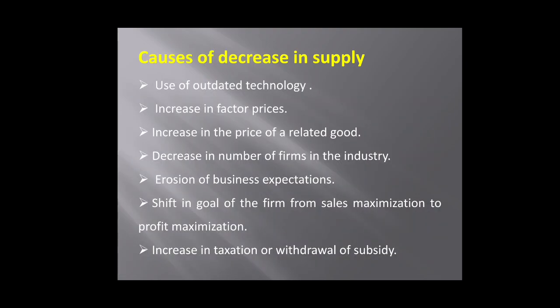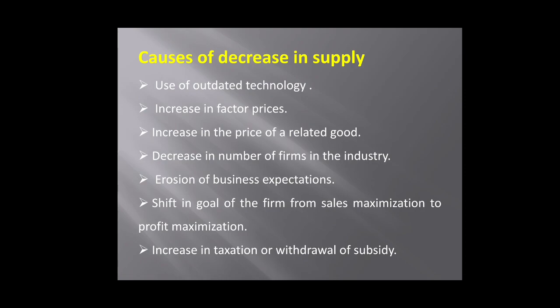Now coming to the factors which cause a leftward or inward shift in the supply curve, these factors are mentioned in this slide. The first important cause of decrease in supply or leftward shift in the supply curve is the use of outdated technology. Dear students, use of outdated technology increases the number of inputs needed to produce a given level of output, thus leading to an increase in cost of production.